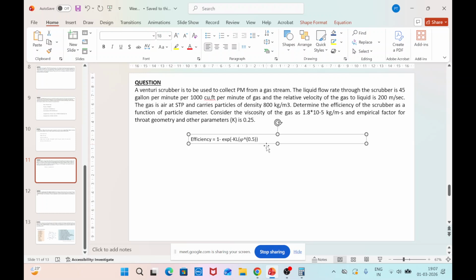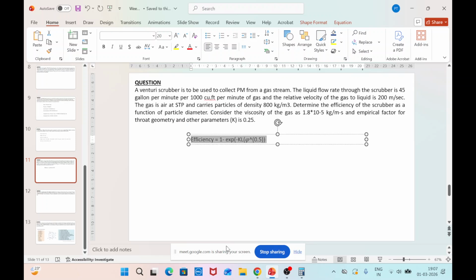This is the formula for calculating the efficiency of the venturi scrubber.